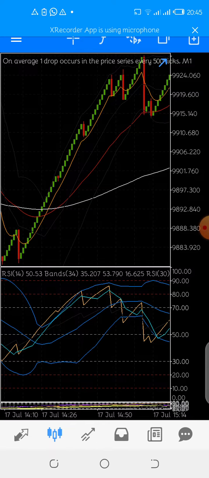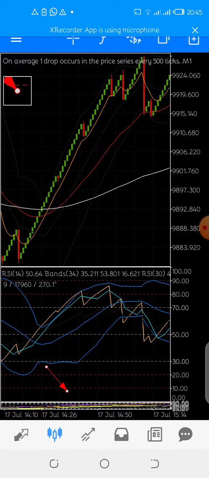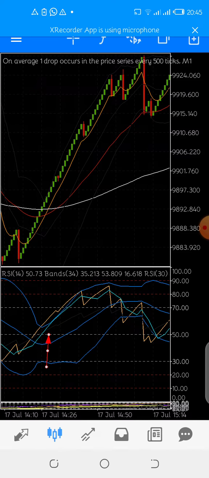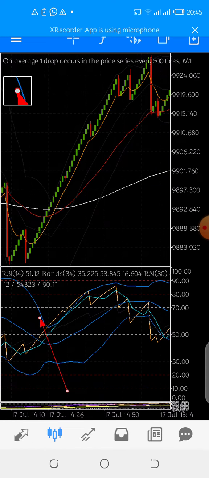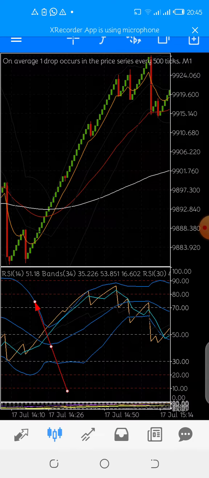an arrow. This here, the upper Bollinger Band, the blue lines, that is the upper Bollinger Band.